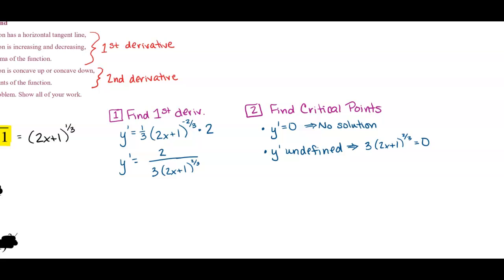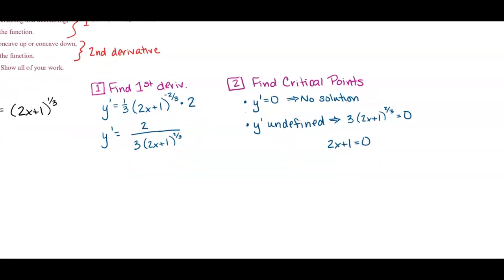There's still a 0 on the other side. You can imagine taking both sides to a power to get rid of that power. It's still a 0 on the other side. So really this boils down to 2x plus 1 has to be equal to 0. It's really just the inside of the parentheses to be 0 is the only way that's going to work. And then if we solve that, x equals negative 1/2.